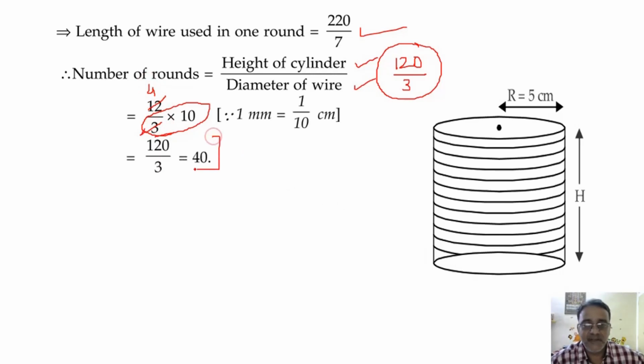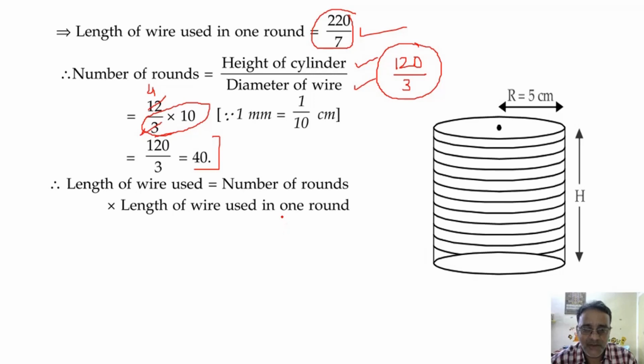Any doubt here? Number of rounds? No, sir. Okay, so the total length of wire will be the number of rounds into the length of wire used in one round, that is 40 into 220 upon 7.